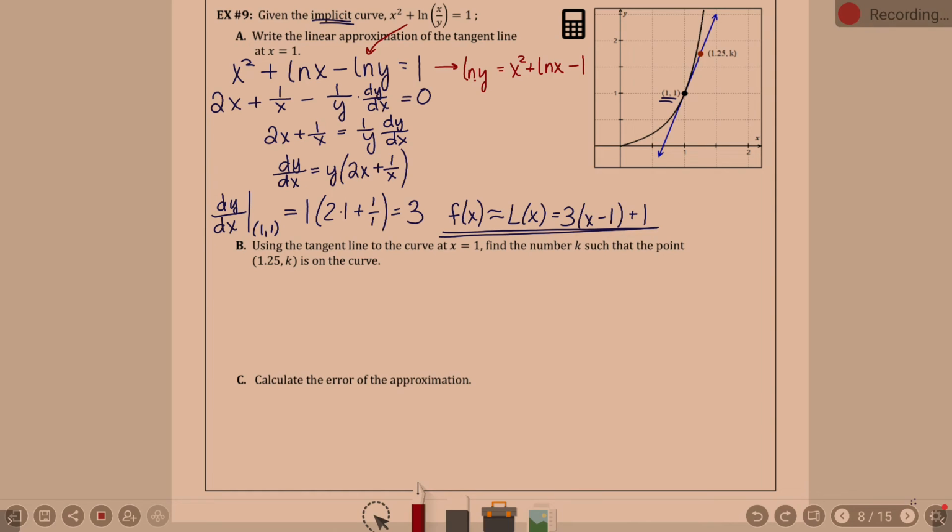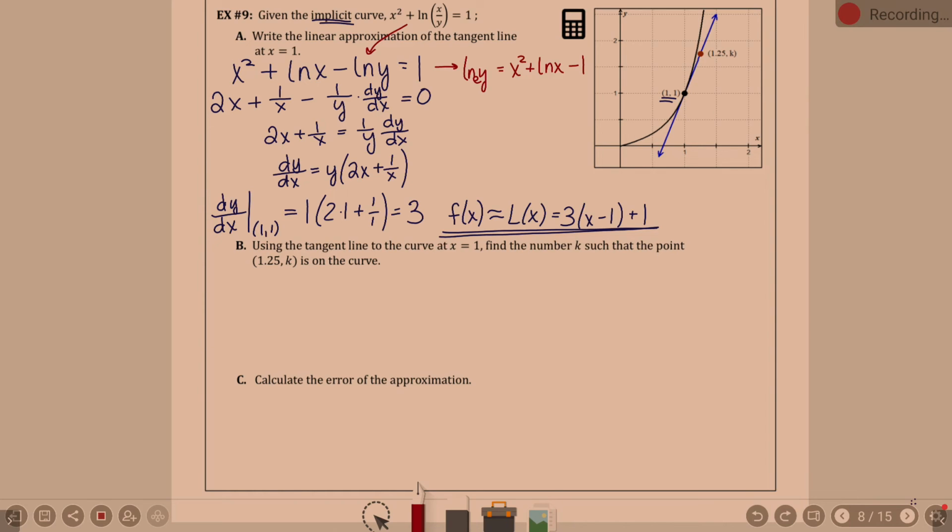We know natural log is base e. That's given, right? Ethan mentioned it would be raising both sides to e. It'd be making this e to the natural log of y, and e to the x squared plus ln x minus 1. And I'll demonstrate that here in a moment.